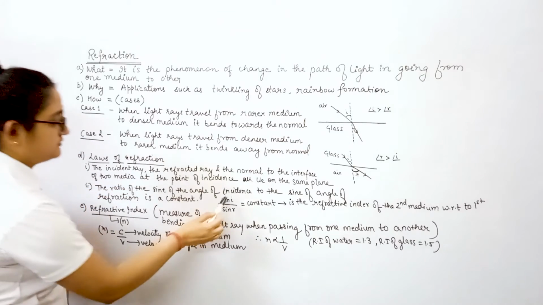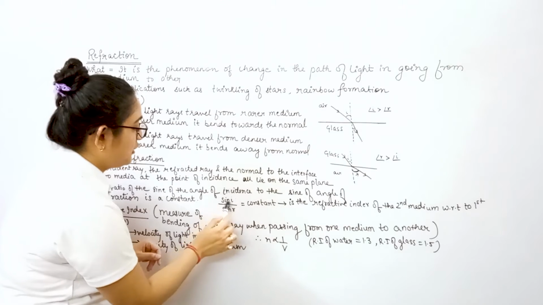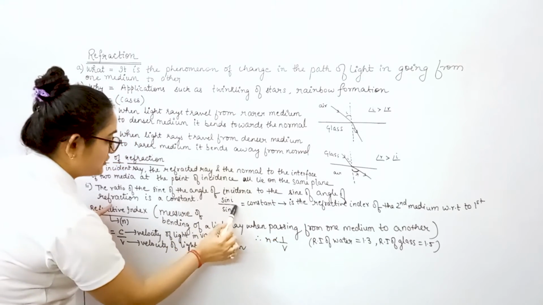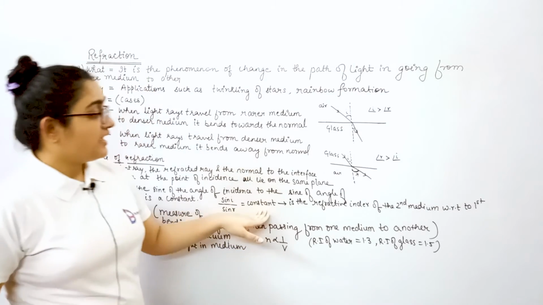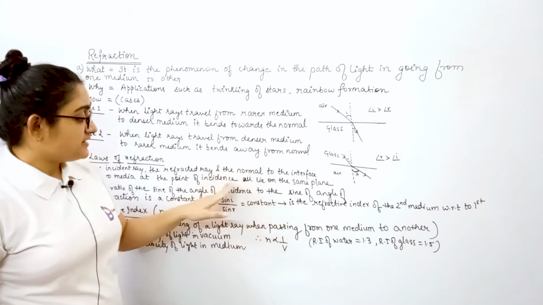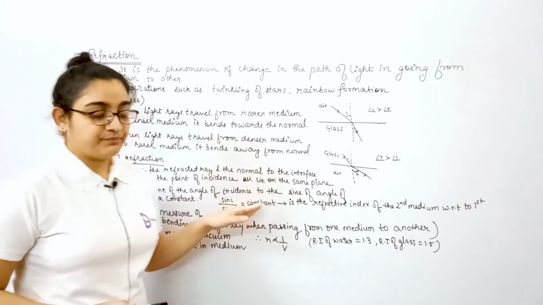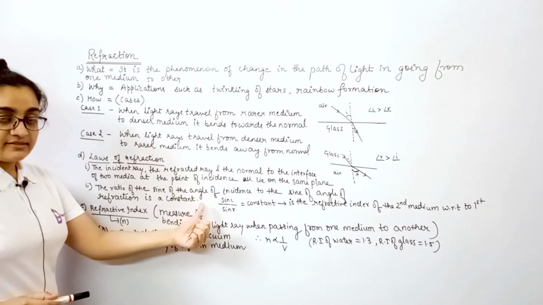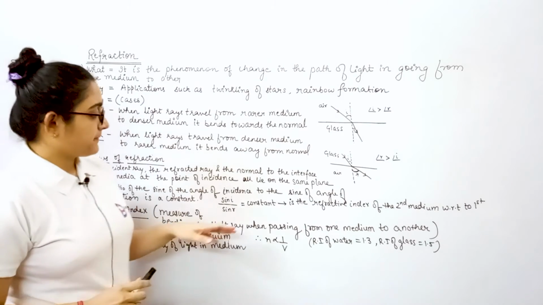The ratio of the sine of the angle of incidence to the sine of the angle of refraction is a constant, or you can say a constant value. Basically this is called Snell's law of refraction. This second law of refraction is also called Snell's law of refraction. Fine.